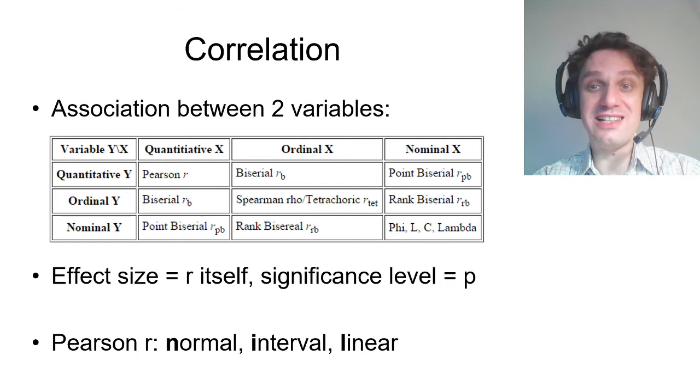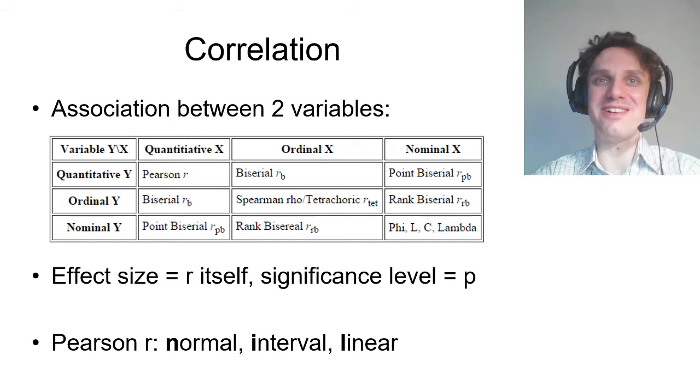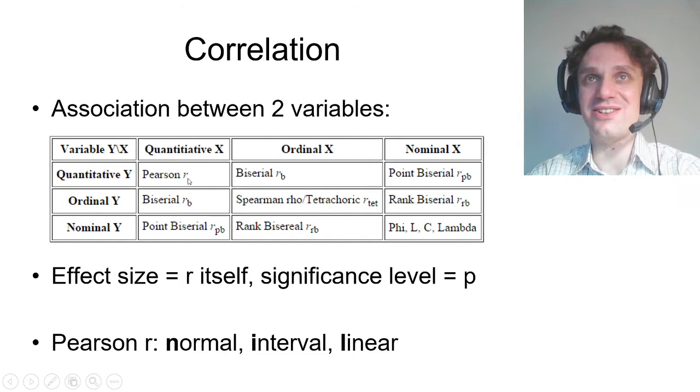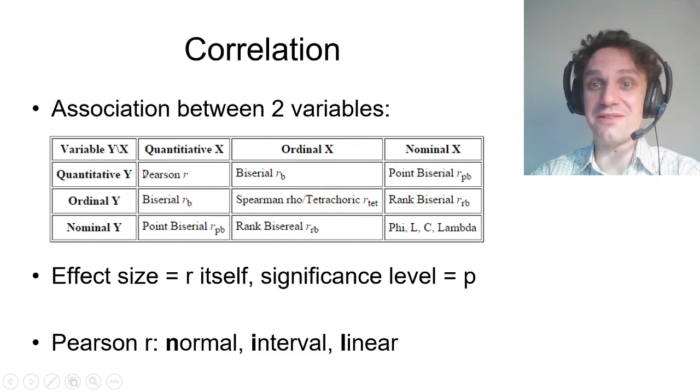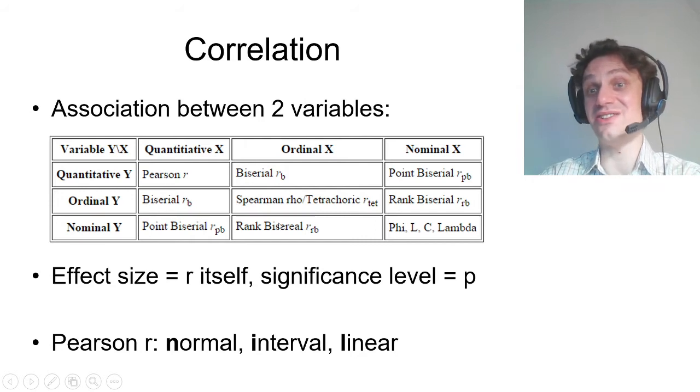We took a little bit of look at correlation coefficients before, and we discussed Pearson correlation in pretty much detail. Pearson correlation, you can use it for the situation when you have two variables that are both interval and normally distributed. But of course, you have other types of correlation that you can use for other situations.